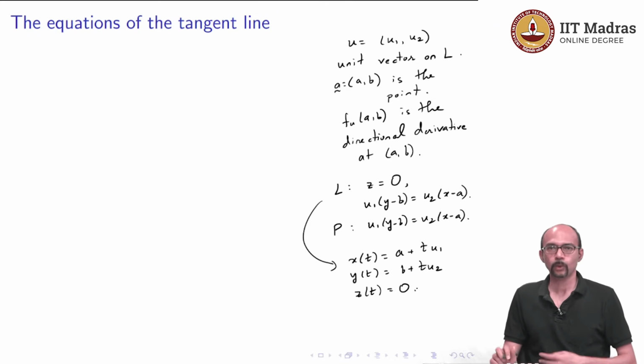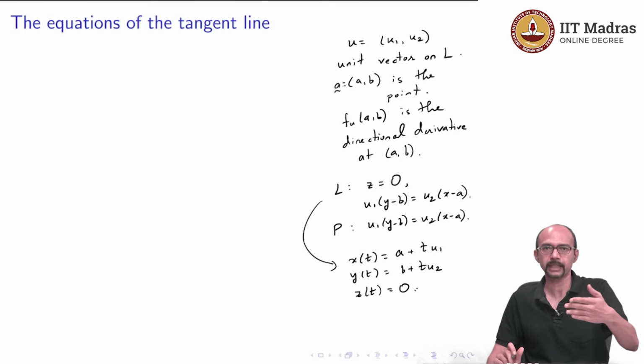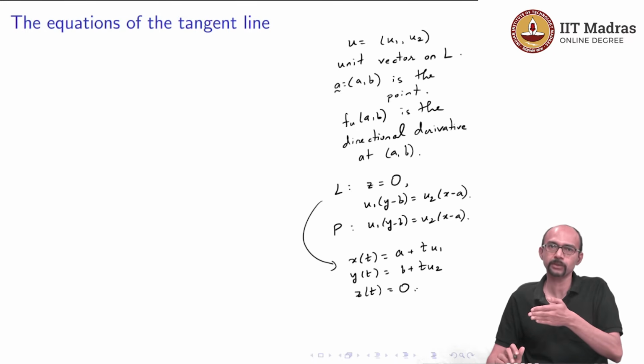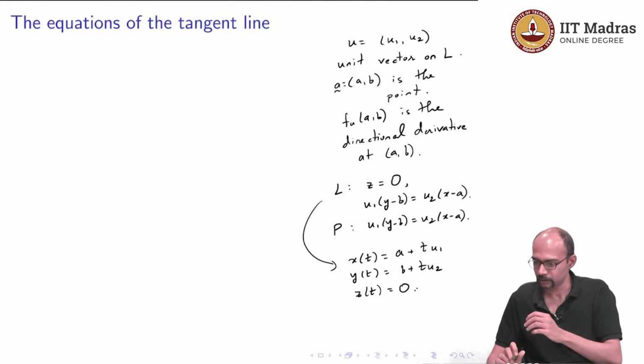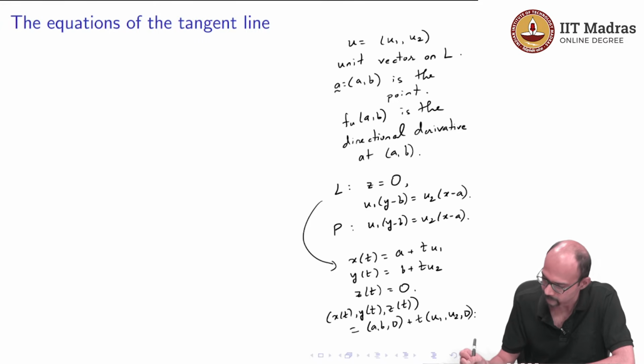And how did I get this? Well, if you remember from linear algebra, any arbitrary line is an affine flat, and how do I get those? By translating some line which passes through the origin, which means a subspace of dimension 1. And which subspace is that? That is the line which is passing through the vector (u1, u2). So, based on that, what I can say is that (x(t), y(t), z(t)) is exactly (a, b, 0) plus t times (u1, u2, 0).